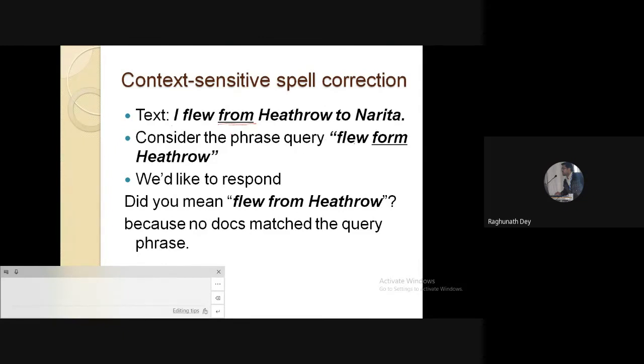Because the query given by the user is FORM, but you should respond with the correct query, flew from, FROM. Because whatever entry is given by the user, flew form Heathrow, it is not exactly matching the given corpus, or whatever number of documents you have in your database, because no such documents match the given query. So you should suggest this particular possible query instead of what the user gave.